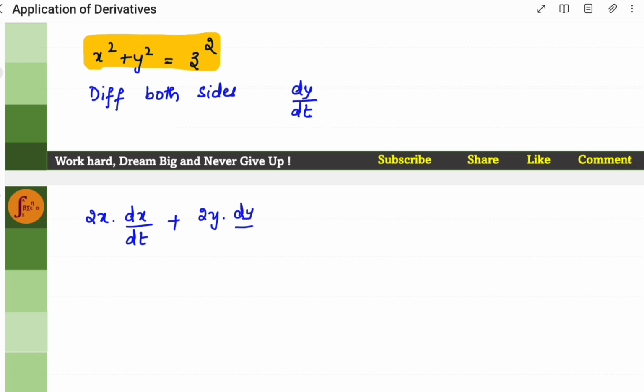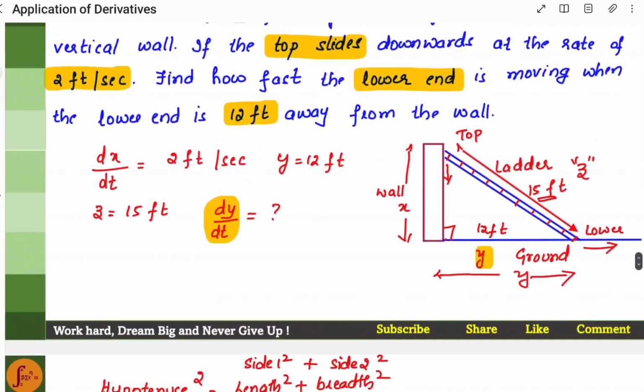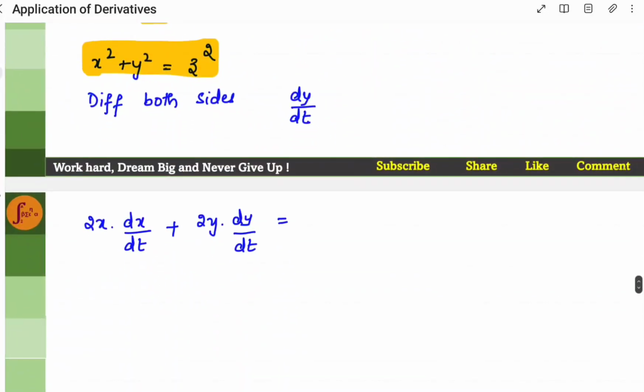This is equal to z square, and we know the value of z square. Z is 15, so 15 square, which is 225. And what is the derivative of 225? This is actually x square plus y square is equal to 15 square.